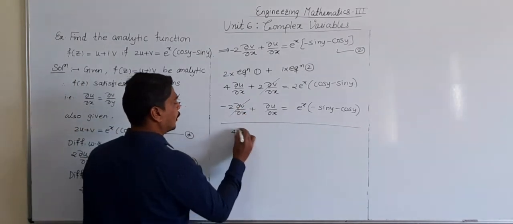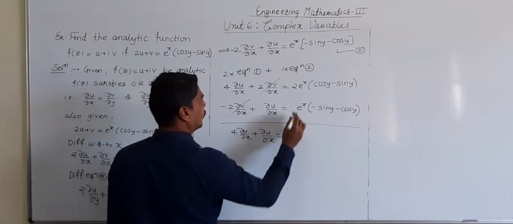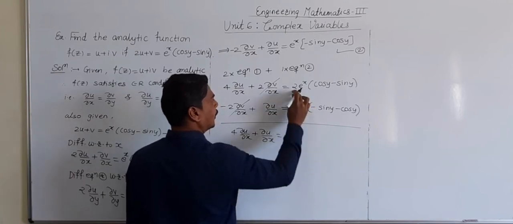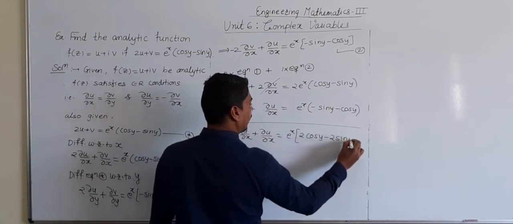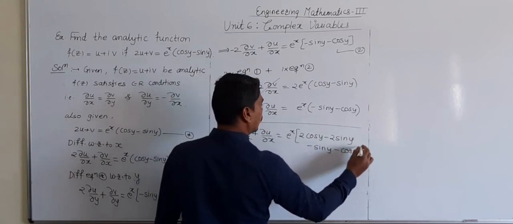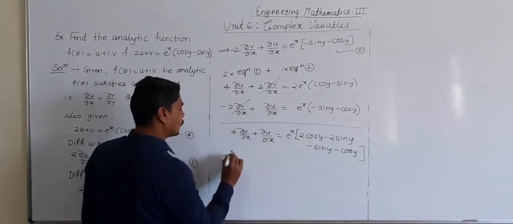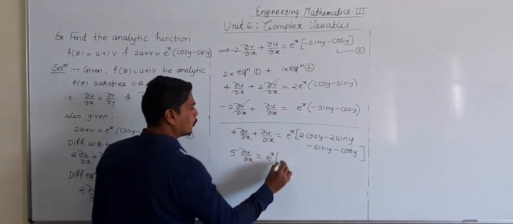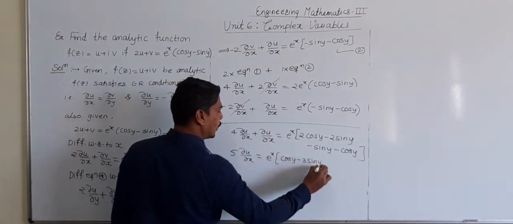What remains: 4 ∂u/∂x + ∂u/∂x equals, taking e^x common, inside the bracket 2 cos y − 2 sin y, then −sin y − cos y. In that way we get 5 ∂u/∂x = e^x (cos y − 3 sin y).